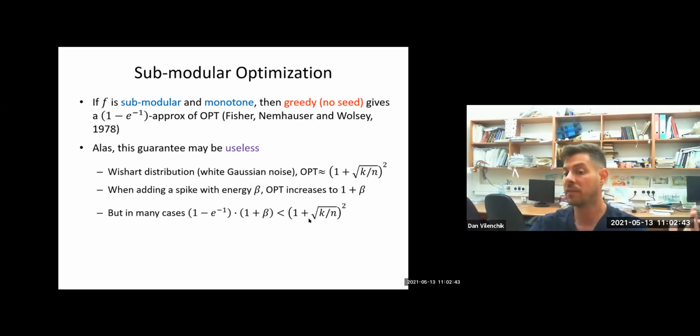Okay, so we have to have the seed, right? If the SNR is small, then without a seed you just get garbage, or you're not guaranteed to get anything better than a random solution.